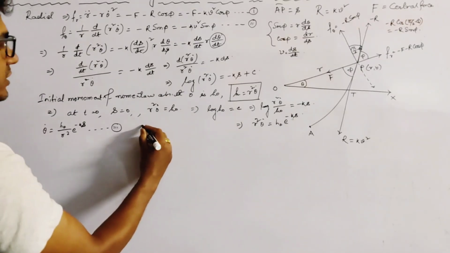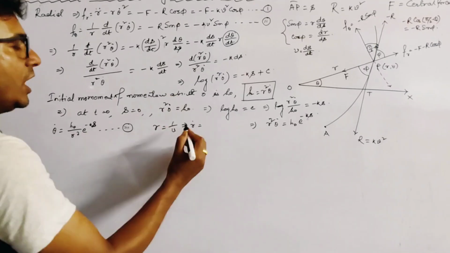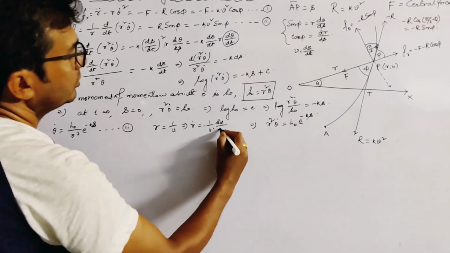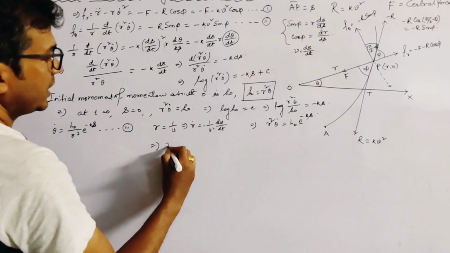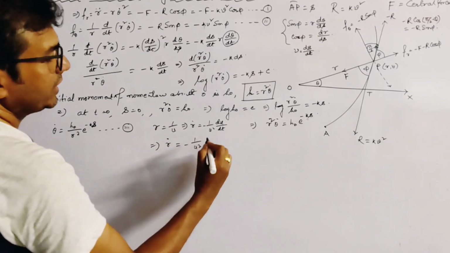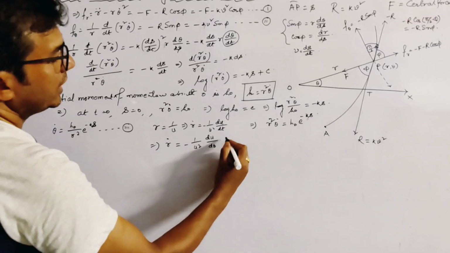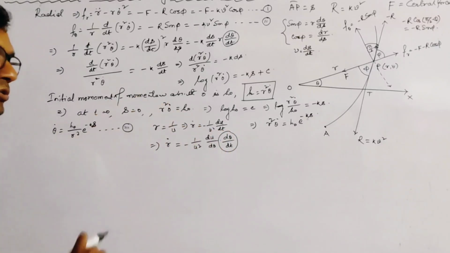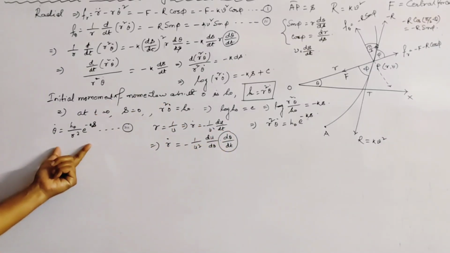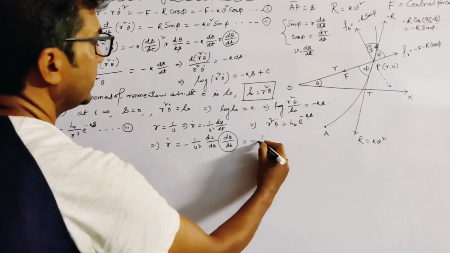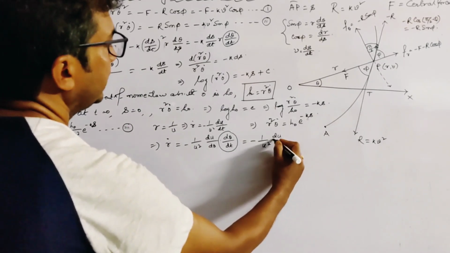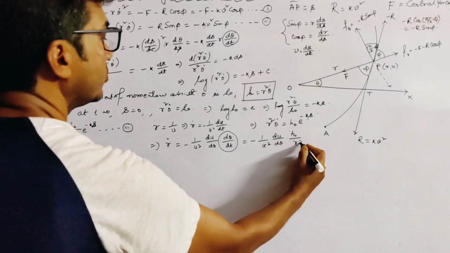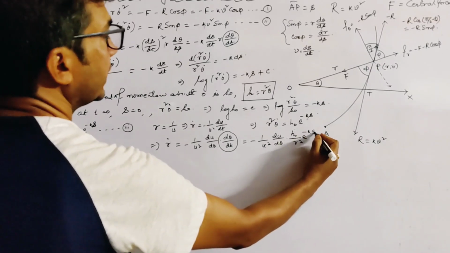Now in a central orbit, r is equal to 1 by u, and r dot is equal to minus 1 by u square into du/dt. So r dot is equal to minus 1 by u square into du/d theta into d theta/dt, and d theta/dt means theta dot, and we put the value of theta dot from 3. We get minus 1 by u square into du/d theta into h0 by r square into e to the power minus ks.